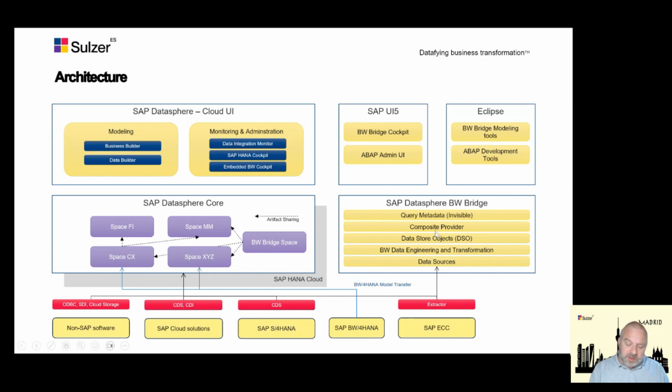It offers the staging capabilities for ODP so that we can transfer data via ODP into this part, and that these structures that are maintained here, they are published to a so-called BW bridge space, which is then the jump point to publish BW-based views to the different workspaces we have here.